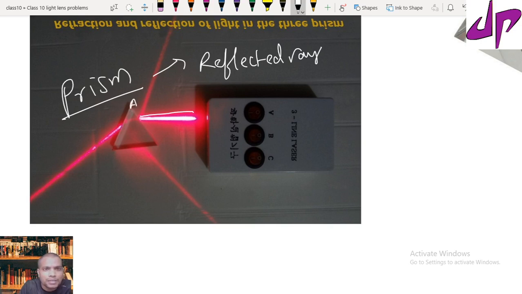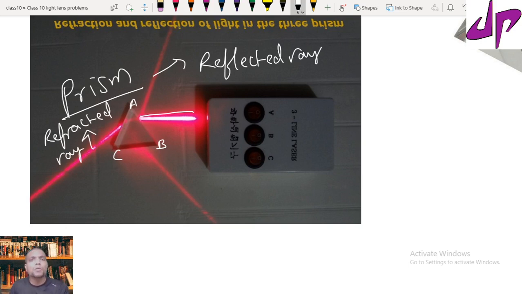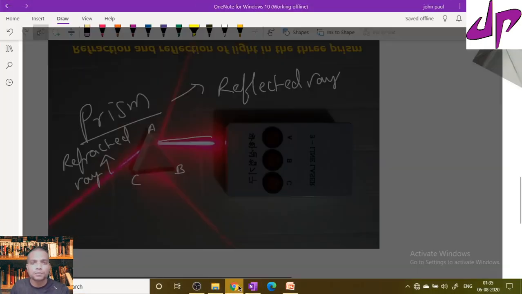Suppose ABC is the prism, and AB is the incident ray, and AC is the refracted ray. It means a prism also shows the property of light known as refraction. So let us understand in detail how a prism shows that property.